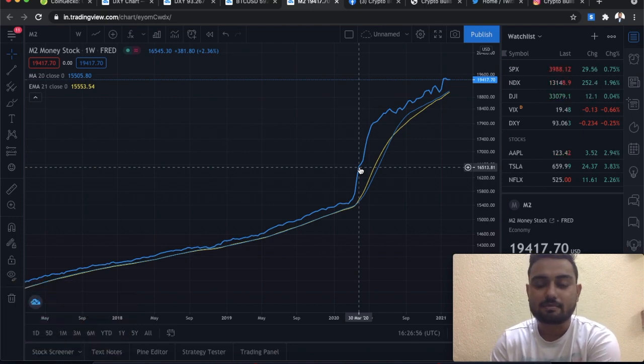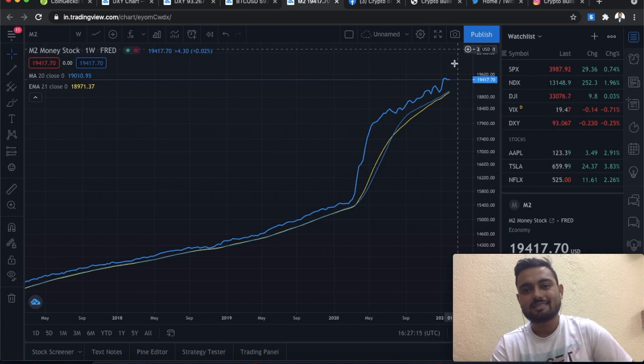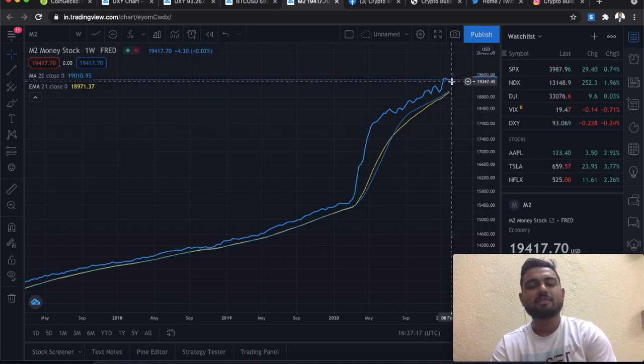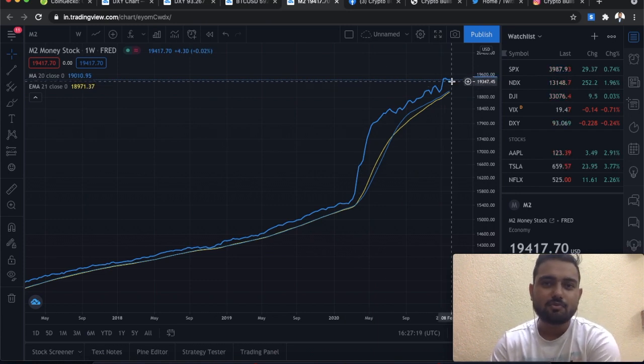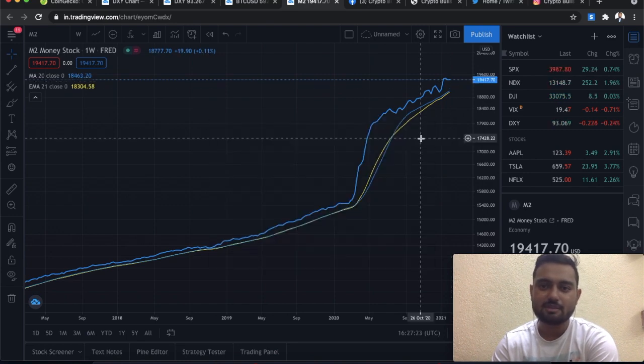So they are printing all this money. Simple economics says when the supply of some item increases many folds and the demand remains constant, the prices are bound to go down. In this case, by price I mean the purchasing power of money would be going down, which may lead us to hyperinflation in the United States.